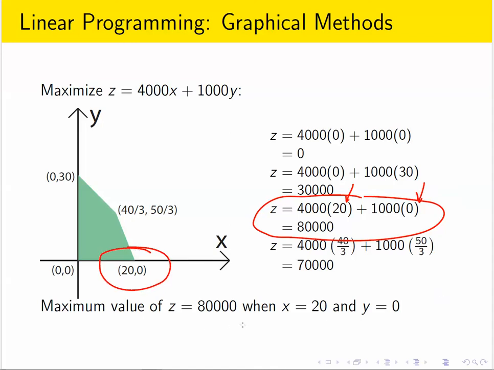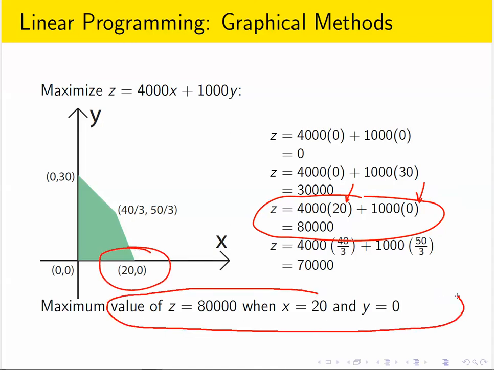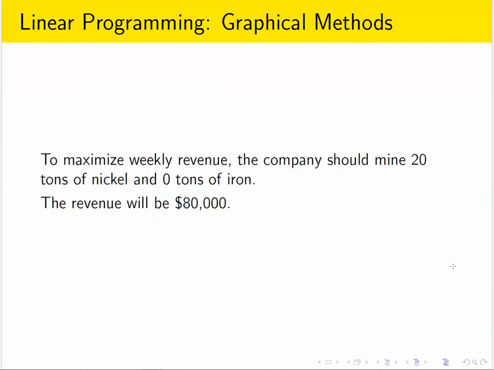Which means maximum value of 80,000 when x is 20 and y is 0. In terms of the application, we'll get a revenue of $80,000 if we mine 20 tons of nickel, because x is 20 and x is tons of nickel, and 0 tons of iron, because y is 0 and y is tons of iron.